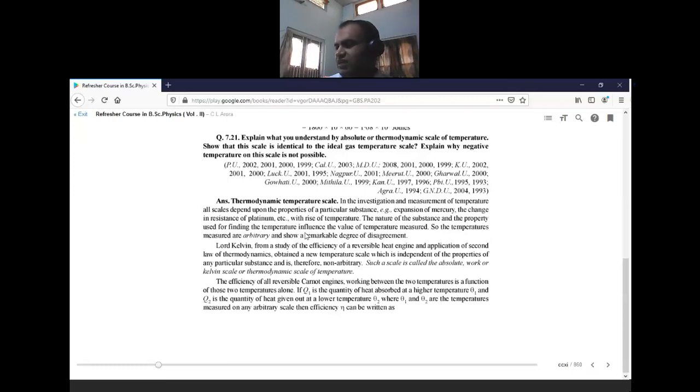Why disagreements? Because temperature related properties of a substance depend on the substance itself. Mercury will expand differently and iron will expand differently for the same difference in temperature. Suppose you initially put mercury at 30 degrees Celsius, then heat it up to 70 degrees Celsius.